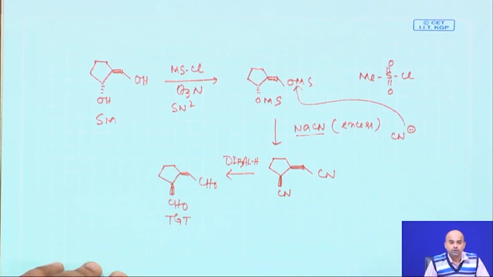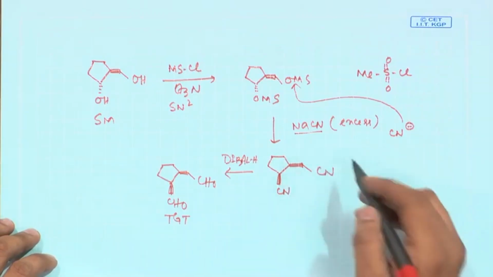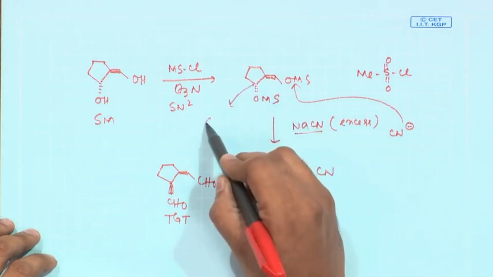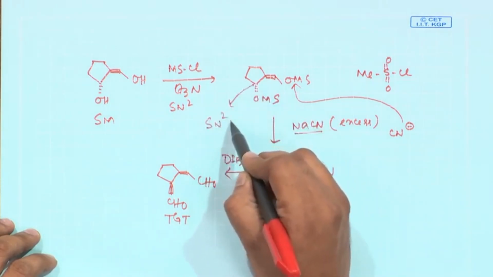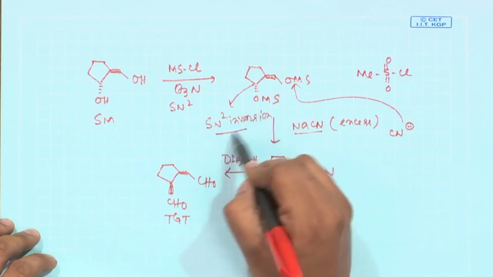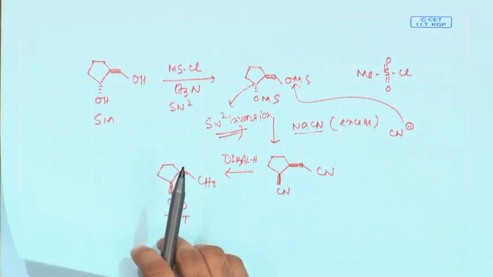Whenever you have stereochemical issues, you can address them by standard reactions, and if the reaction mechanism demands that inversion takes place, particularly as I said here, the secondary carbon will undergo SN2 inversion, the backside attack, which is very common in SN2 cases. Then you can access the target molecule.